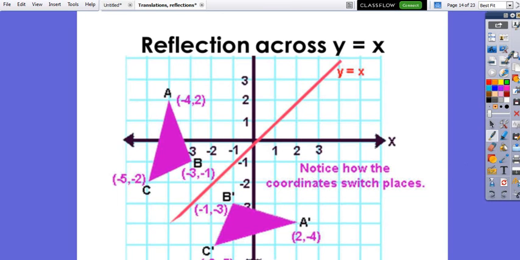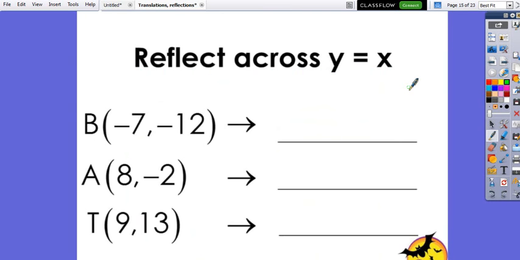Okay, so let's use the rule. Do this one on your own. B prime. Good. A prime. It's -2, 8.